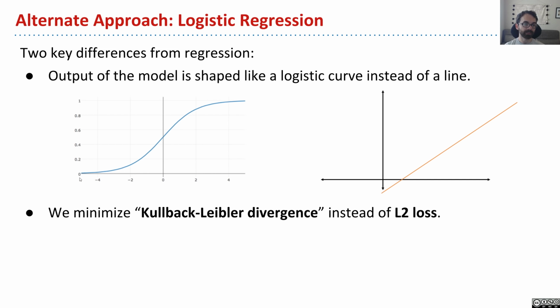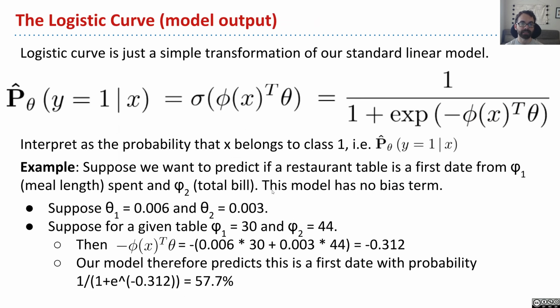So that for extremely small values, it is 0, and for extremely large values, we get back 1. And I'll give a little example of this shortly, but that's one of the big differences. And then the other thing we did is that we minimized the KL divergence instead of the L2 loss. And we'll talk about why that is as well. And these are the two big differences from the regression-based analysis.